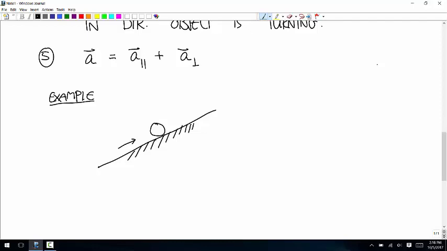Okay, so first I'm going to draw the path. So the path this object's following looks like that. If it's rolling up the hill, what direction is the velocity vector? Up the hill. It's going to be parallel to that path. So I'll draw the velocity vector like this.